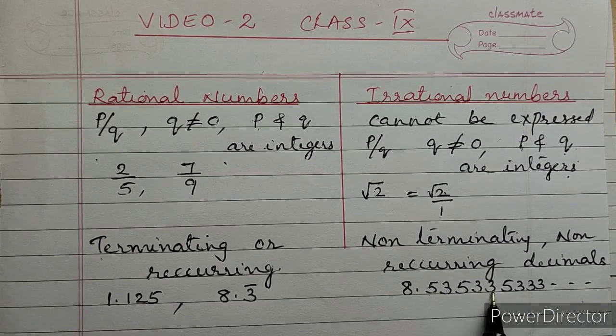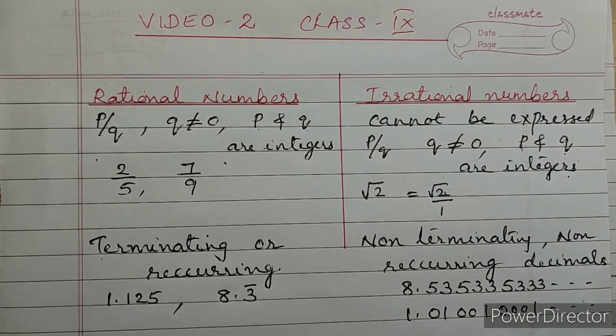So like this when you will write, it will never repeat. Here 3 is repeating here, but its next number is 5, so that is not recurring decimal expansion. So whenever irrational numbers example for decimal expansion is asked, you have to write like this only, 1.0100100001 etc. So this is the example for non-terminating, non-recurring decimal expansion or irrational numbers.